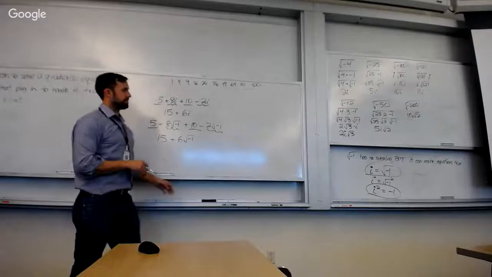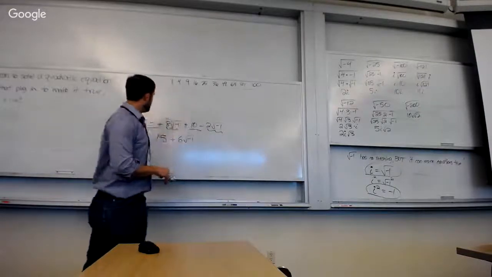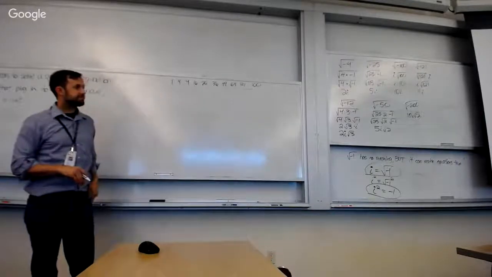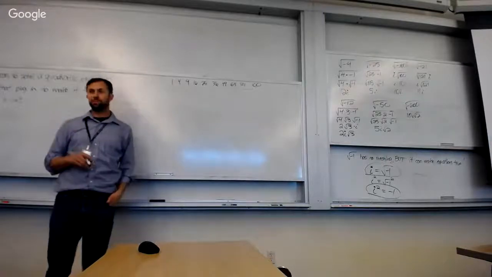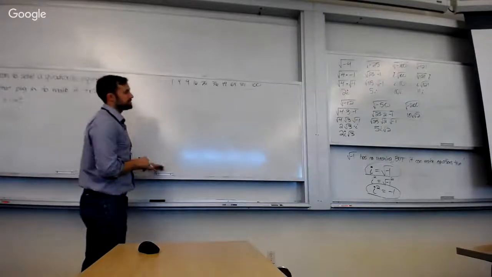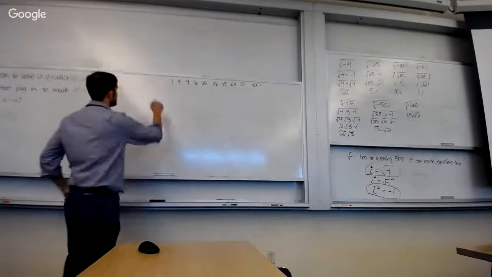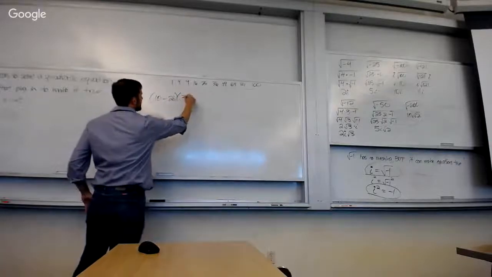Okay, how about FOIL? How are we going to do FOIL? Same way we always do FOIL. So everyone, let's do the middle one together: 10 minus 2i and 3 plus 5i.